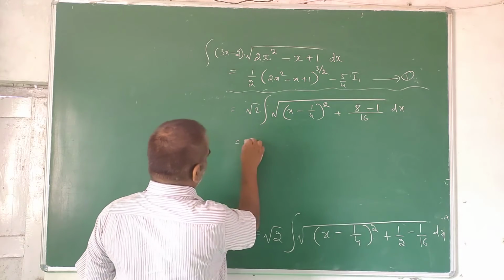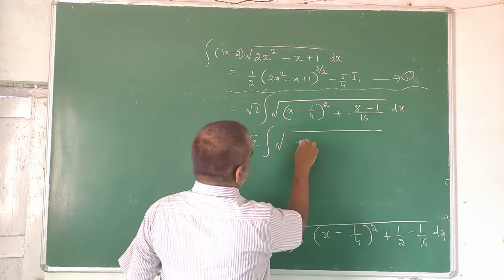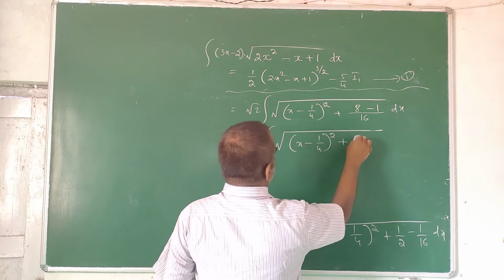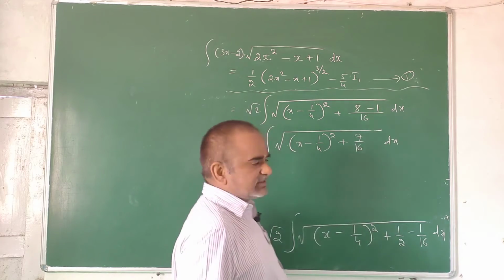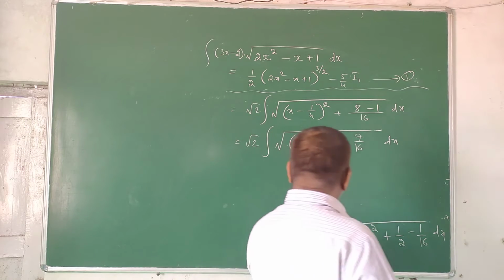So this is equal to root 2 integral root over x minus 1 by 4 whole square plus 7 by 16 dx. 8 minus 1 is 7.